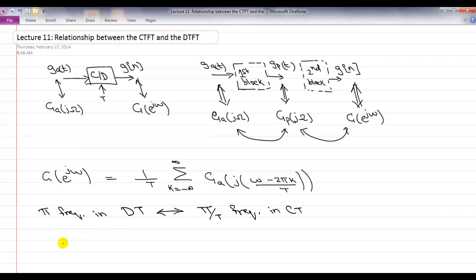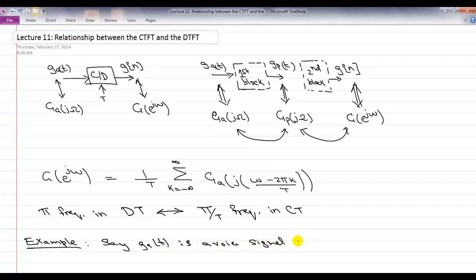So what is the physical significance of this relationship? Here is an example. You are given a continuous time signal. So say g_a(t) is a voice signal. Okay.